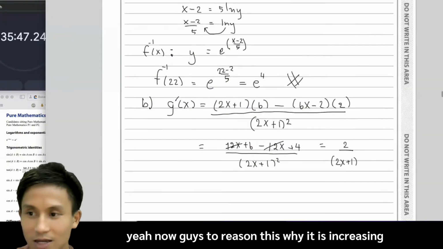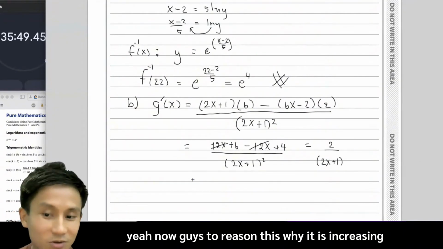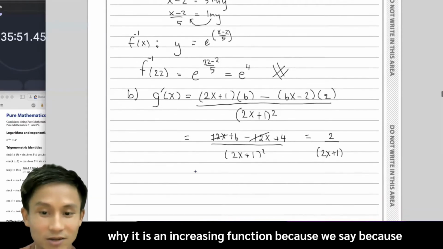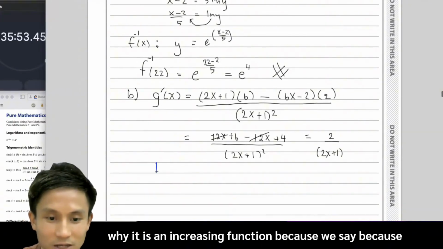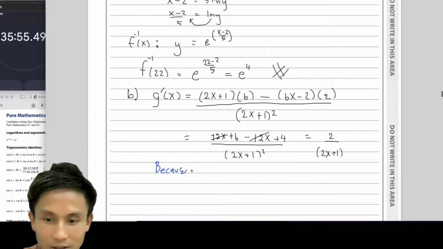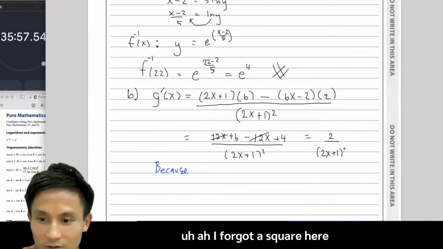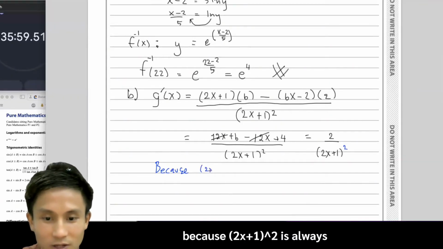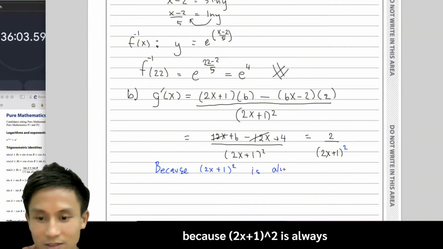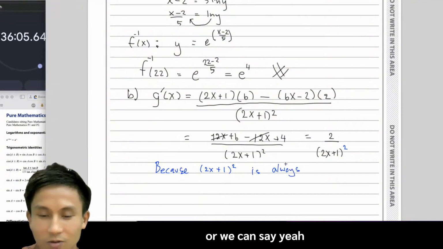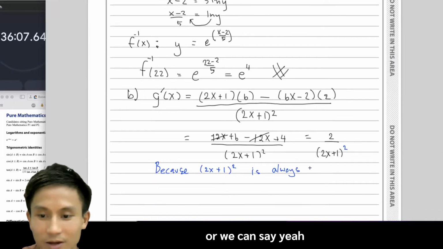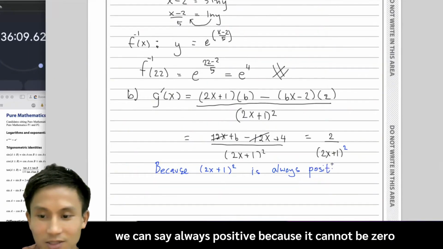Now, guys, to reason why it is an increasing function, we say because, I forgot a square here, because 2x plus 1 squared is always, we can say always positive because it cannot be 0.